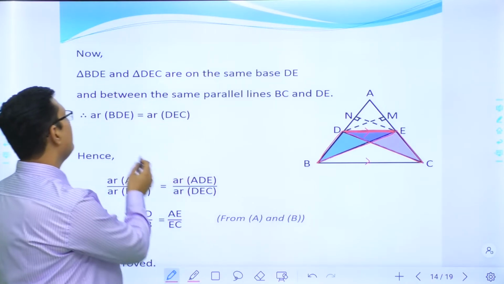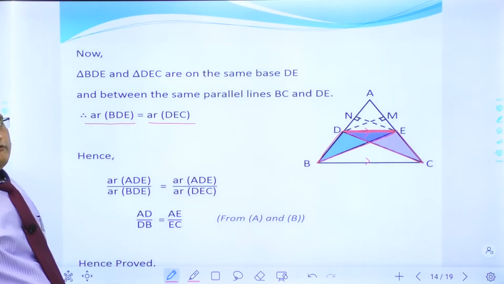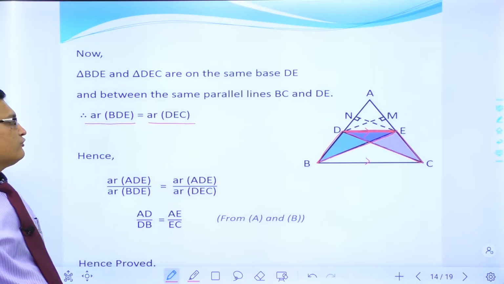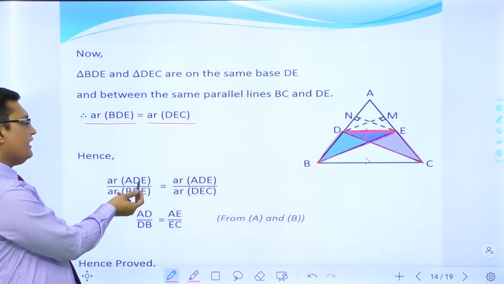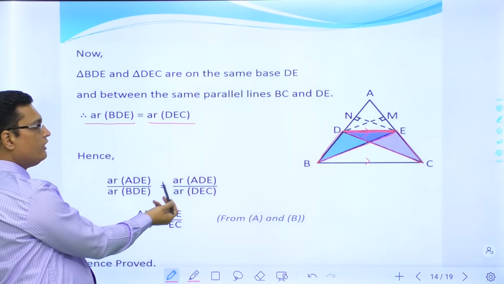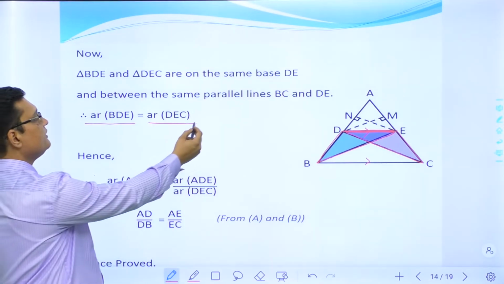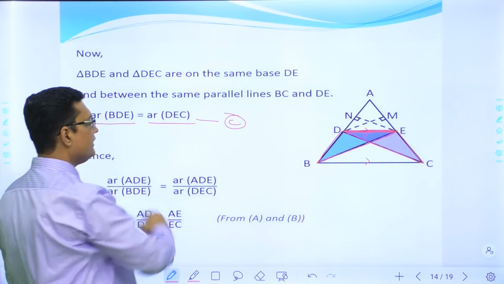So we can say area of BDE and area of DEC will be equal. That's why area ADE upon BDE will be equal to area ADE upon DEC. Using this equation you can say this.